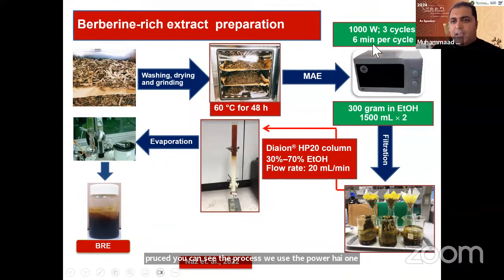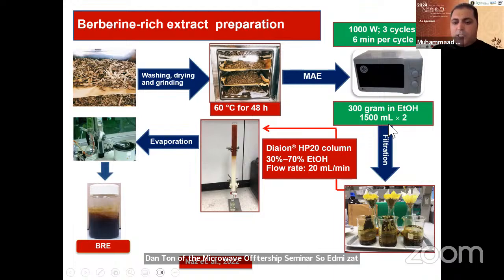We did 3 cycles of 6 minutes each. We kept 300 grams of Berberis lycium powder in 1500 ml, and extracted it 2 times, turning on the microwave for 6 minutes and then turning it off. So it means we did 3 cycles.